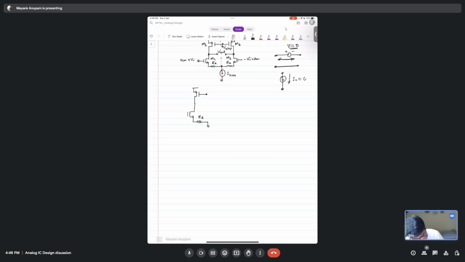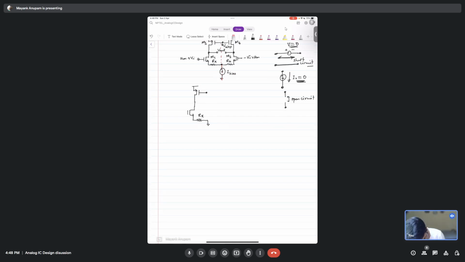You will have to make sure that I naught is zero, isn't it? And what is meant by I naught equal to zero? It means no current is flowing between these two terminals, which is basically the same as saying that these are open circuited, right? Correct. And here it is short circuited. So any voltage source is short circuited, any current source is open circuited. Okay, fine. So now, what should happen here?